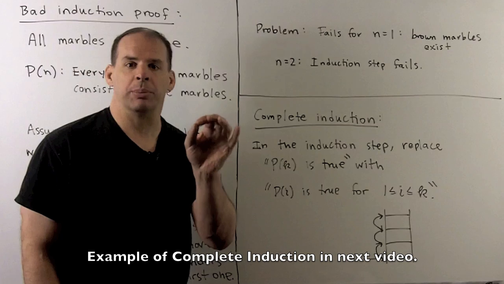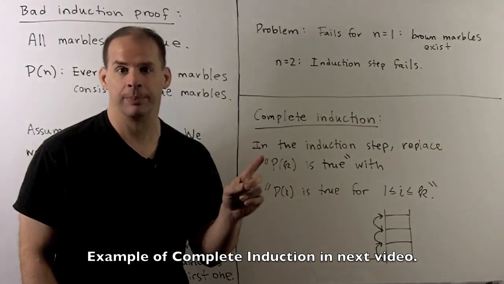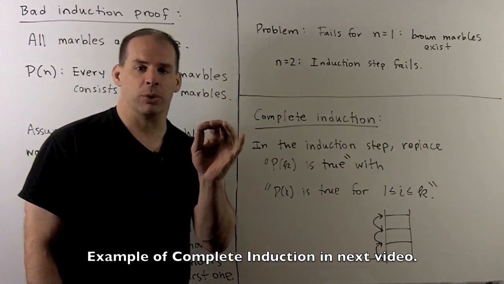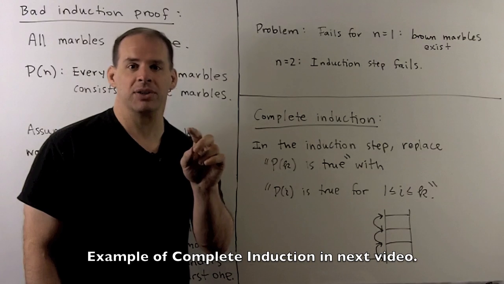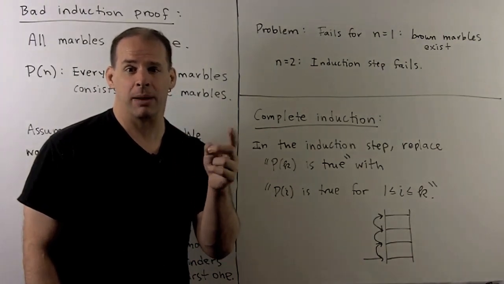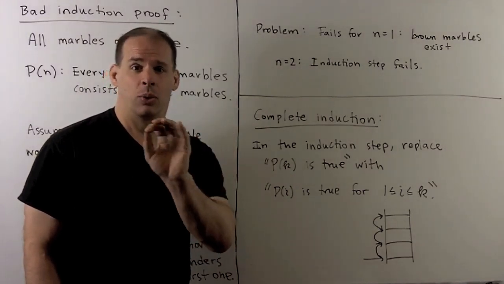So instead of just assuming P of k, we can assume all statements leading up to k and including k. Now this is going to be useful for when, instead of just assuming one statement for the induction hypothesis, P of k, you may need P of k minus 1, P of k minus 2, or whatever number of statements besides the one of interest.